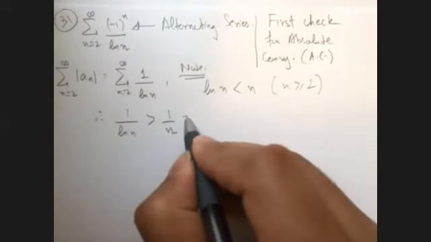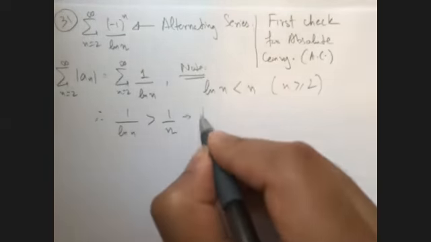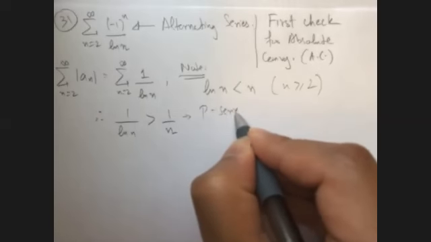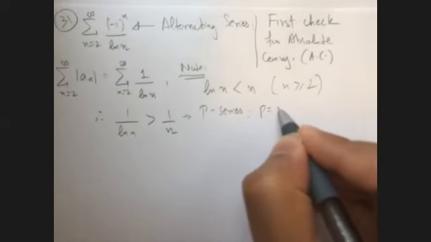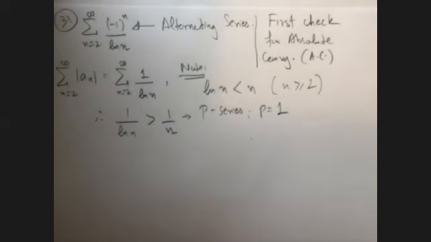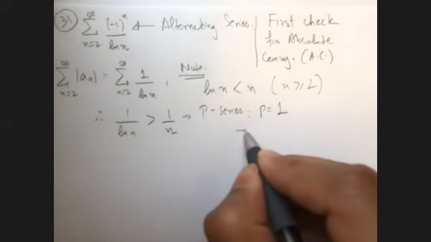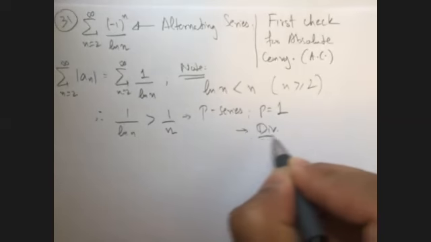Now this is a p series, p equal 1, which is divergent.